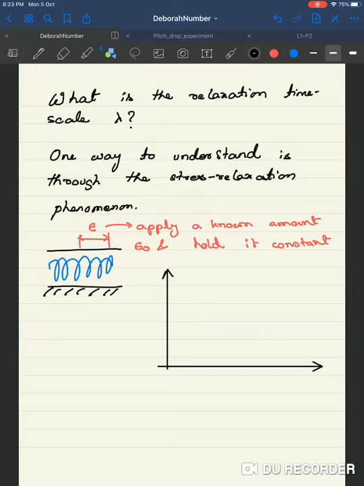Here this is the time axis, and this is stress, tau. So we are looking at stress in the body as a function of time, and 0 here is after strain epsilon naught is applied and held constant.